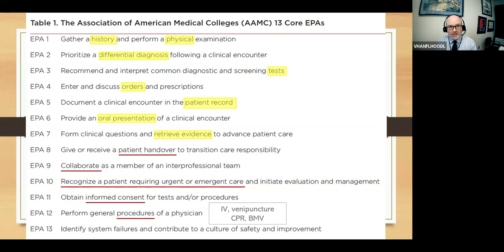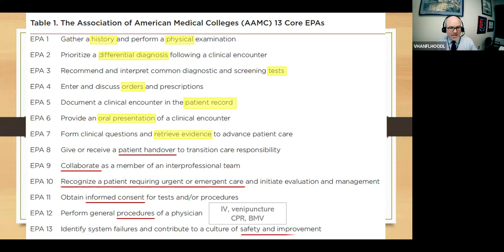And as an intern, they probably will not be leading a code, or they won't be leading it for long until the true code team arrives. So I started incorporating CPR and bag mask ventilation and pre-code preparation into the simulations that I do. We'll talk about that a little bit later.